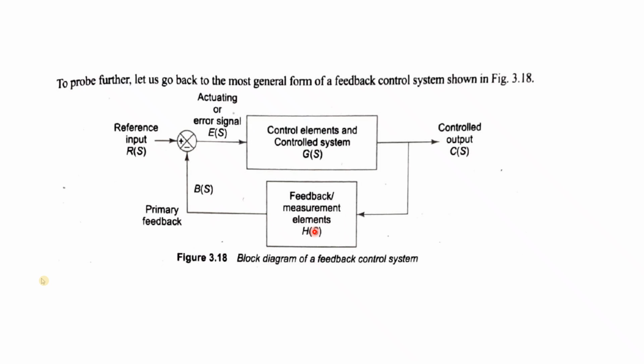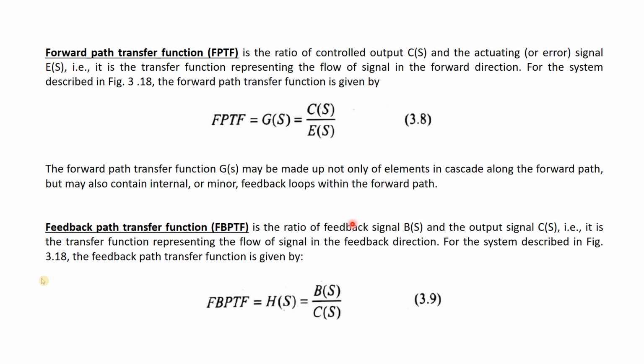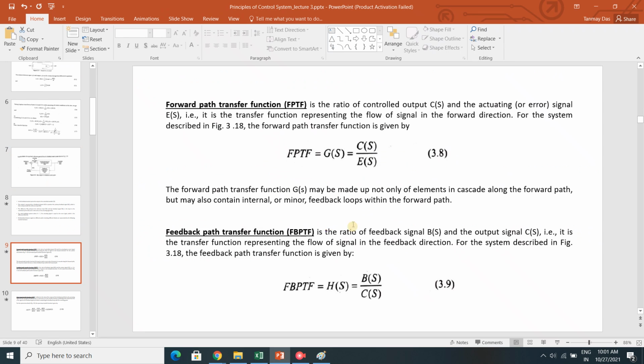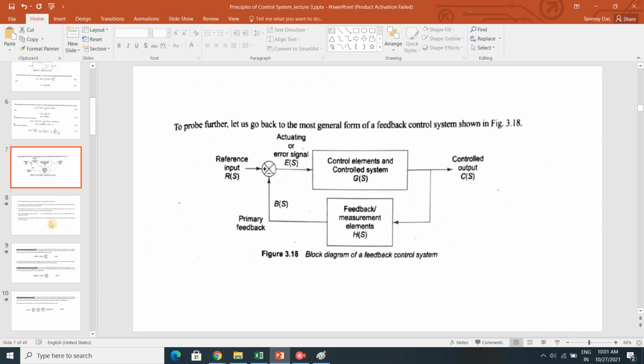So the transfer function is H(s) equals B(s) by C(s), because B(s) is output and C(s) is input.